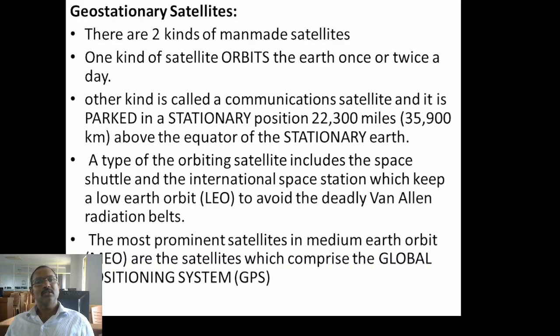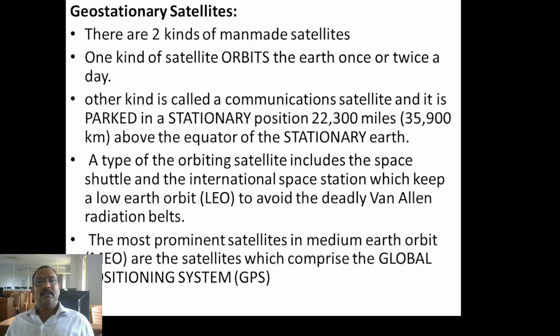Then about satellites, there are two kinds of man-made satellites. One kind of satellite orbits the Earth once or twice a day. Another kind is called a communication satellite, and it is parked in a stationary position around 22,300 miles above the equator of the stationary Earth.